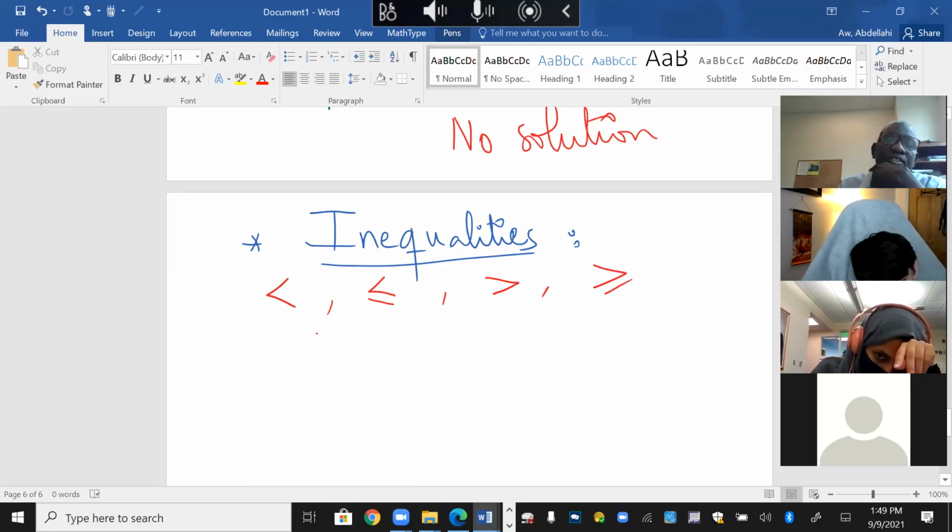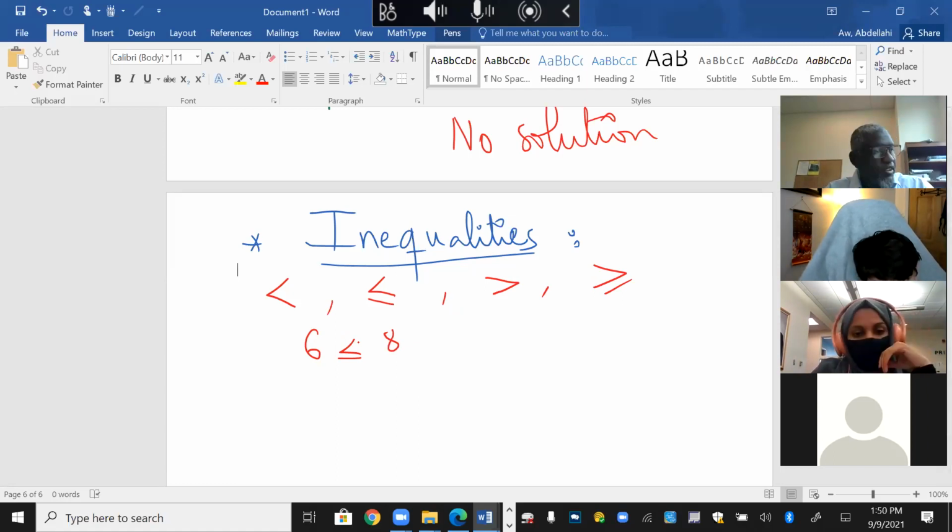When I say 6 is less than or equal to 8, is that a true statement or not? Why is it true? 6 doesn't equal 8, but the statement says less than or equal. It's "or".